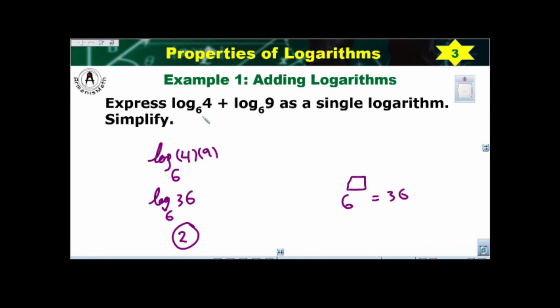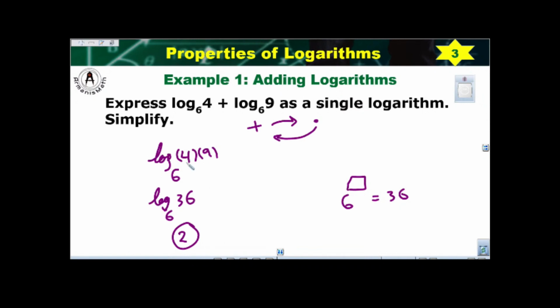What we started with was addition, and we said that in logs we have a property that goes from addition to multiplication, or vice versa, multiplication to addition. That's what happens in log.